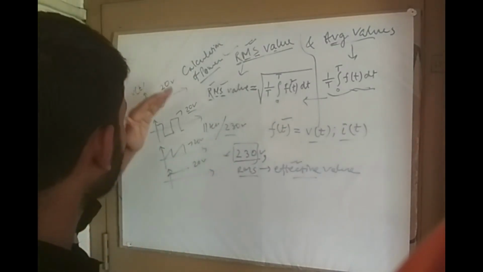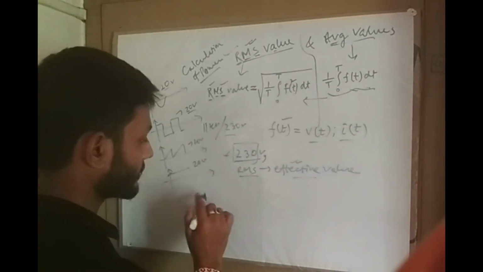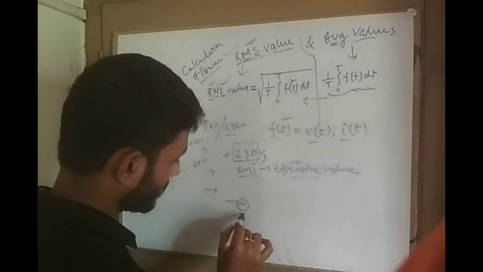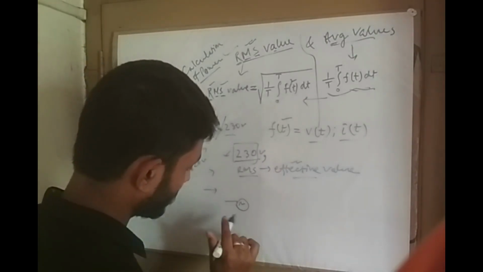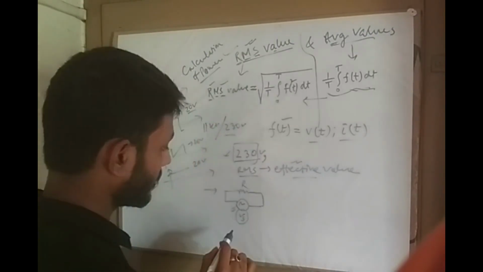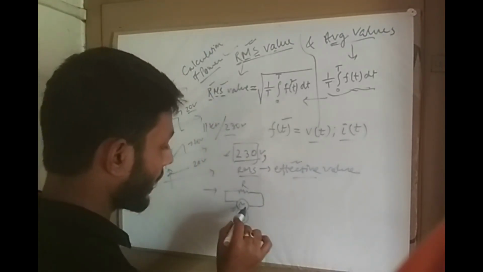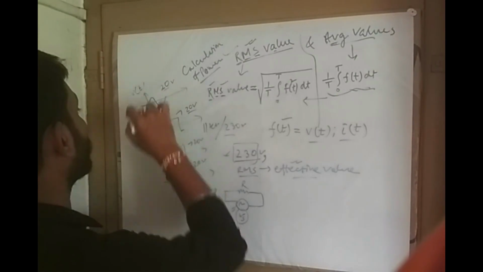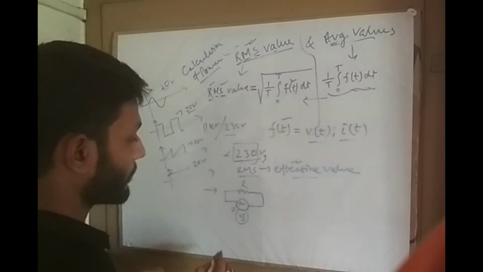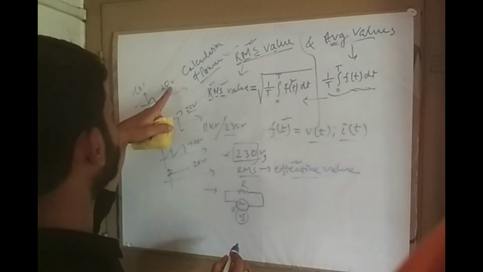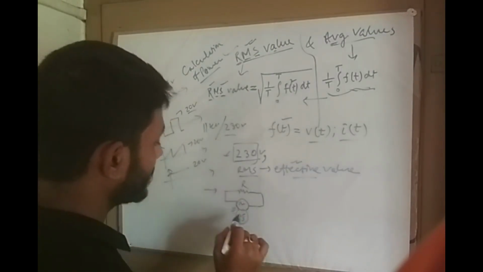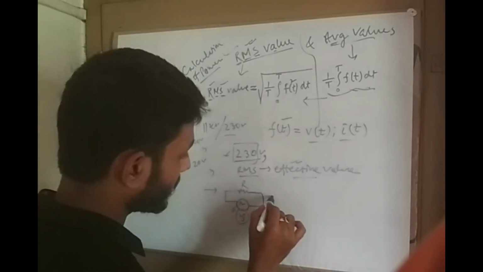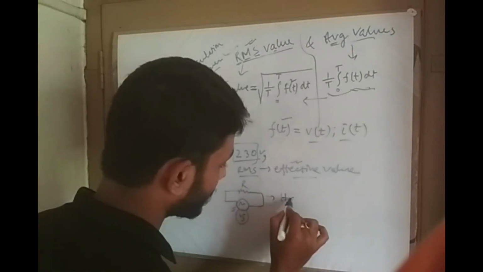Suppose these all waveforms, we pass through a resistor. Now, if we connect this resistor across this voltage source, and first we take the voltage source waveform as sinusoidal, and the RMS value is 20 volt, then this sinusoidal signal voltage will produce a heating effect.